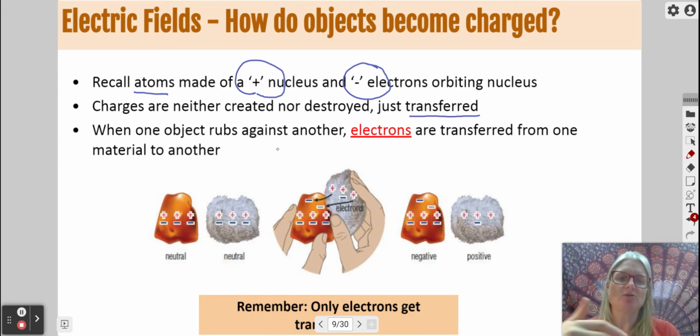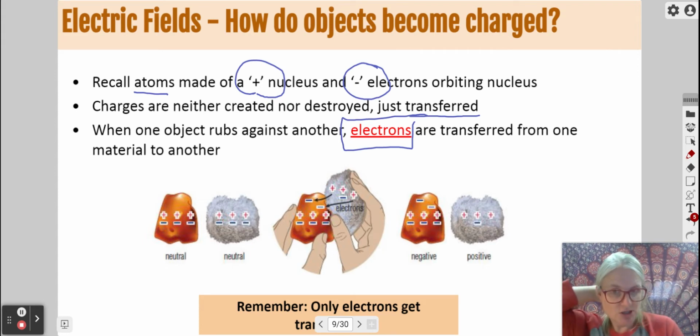When one object rubs against another, electrons are transferred. Protons can't really be transferred, but electrons can. So if you have two neutral substances, like amber and fur, they have equal numbers of protons and electrons on each of them.